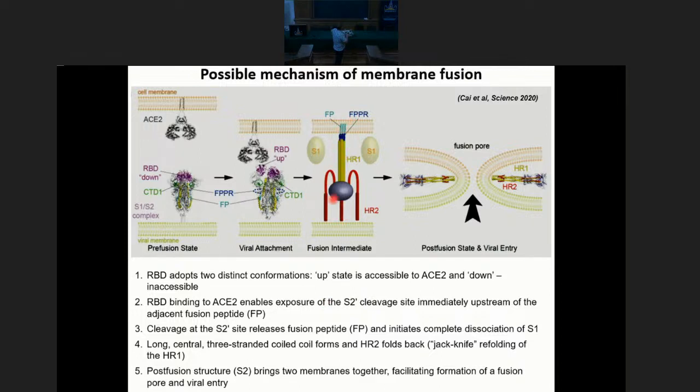Thus the S2 subunits join both membranes together and induce their fusion. S1 subunits dissociate at this moment. Finally, this leads to the post-fusion structure that is linear and contains only a trimer of S2 subunits.